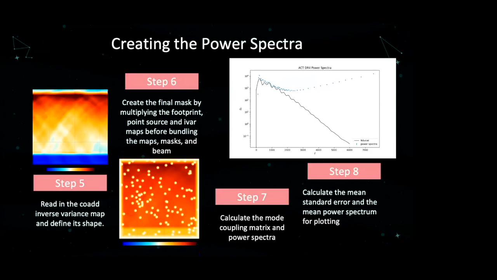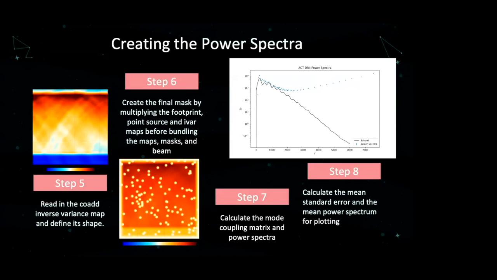After that, we calculate the mode coupling matrix and the power spectra. From that, we calculate the mean standard error and the mean power spectra for plotting, with a few steps in between, such as binning, to get the data into the graph. And so you can see here, well, this is just one.